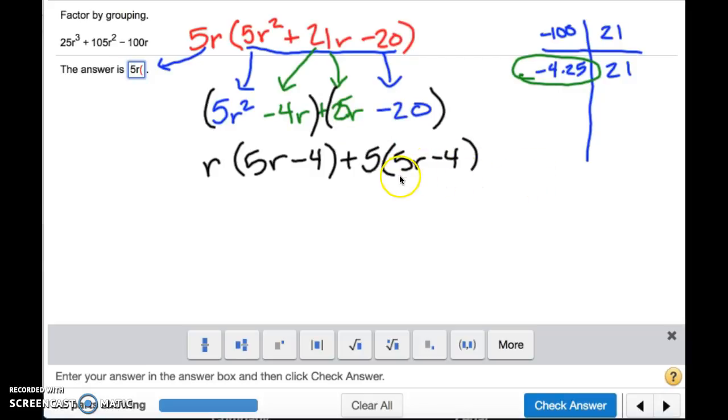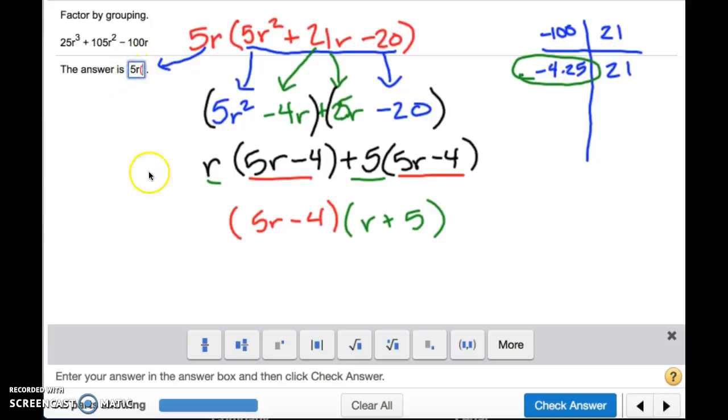And I know that I'm on the right track because these match up. 5r minus 4. And then from in between, I have r plus 5. And then, since I went ahead and entered it, I know I also have a 5r from where I factored it out at the beginning. So I'm going to type all of this in and then enter my answer.